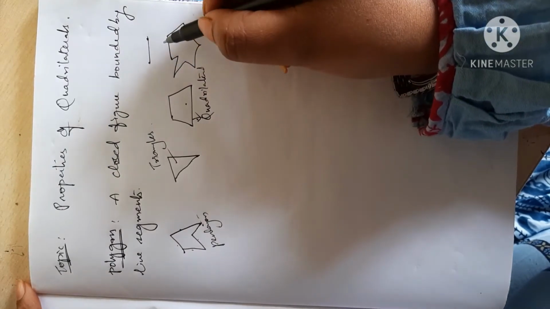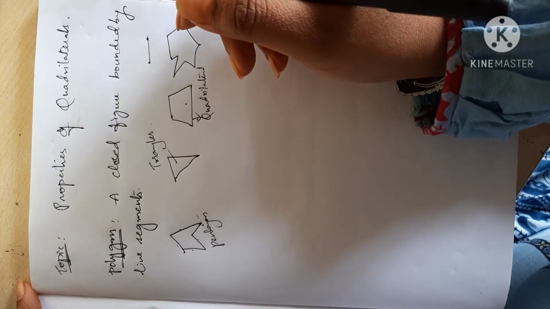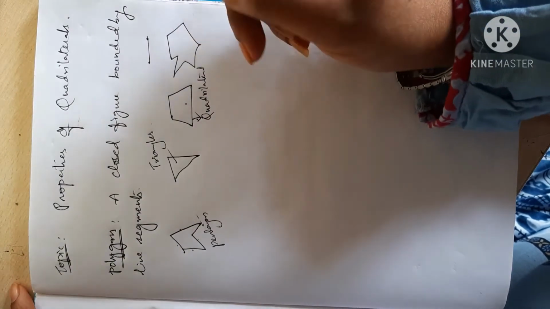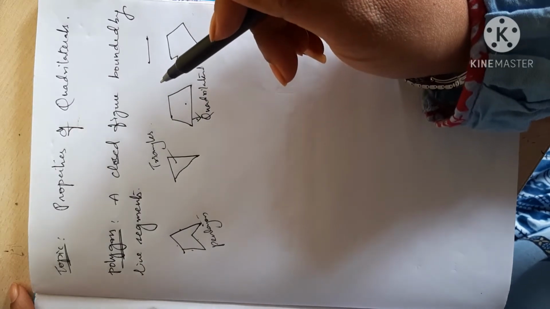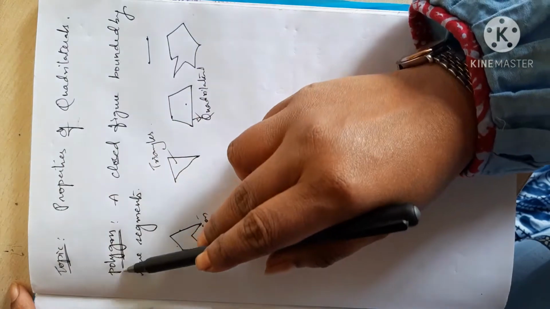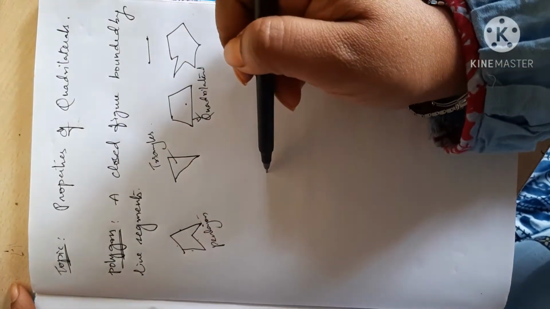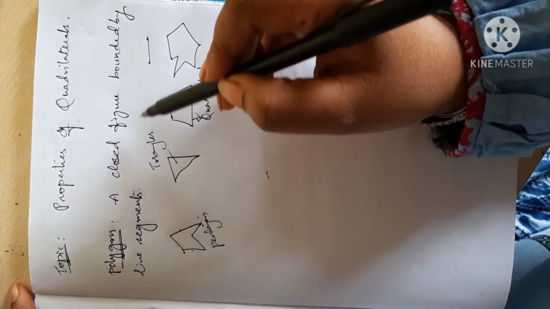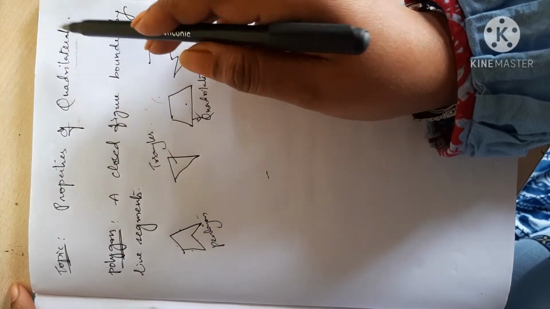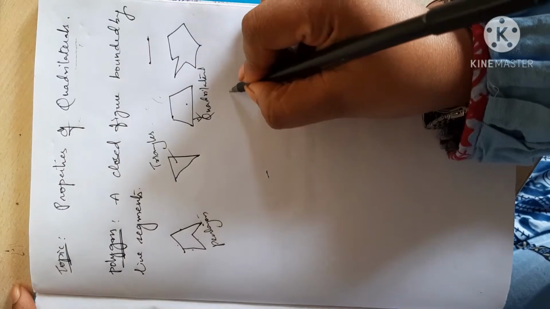A polygon having 6 sides, hexagon, 7 sides, septagon, 8 sides, octagon, 9 sides, nonagon, 10 sides, decagon. So under types of polygons, a polygon having 4 sides is called a quadrilateral.